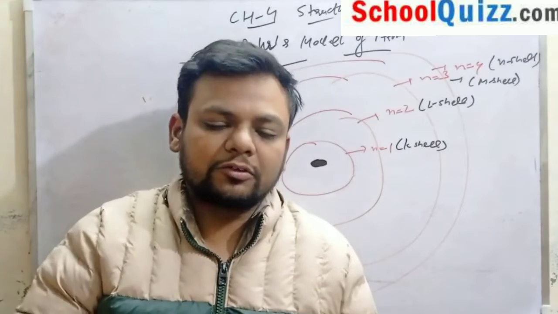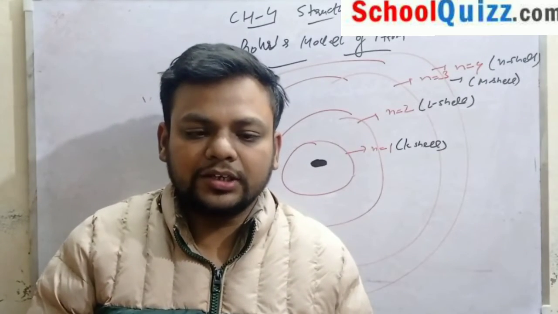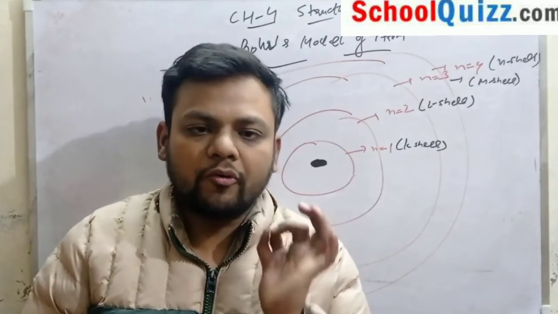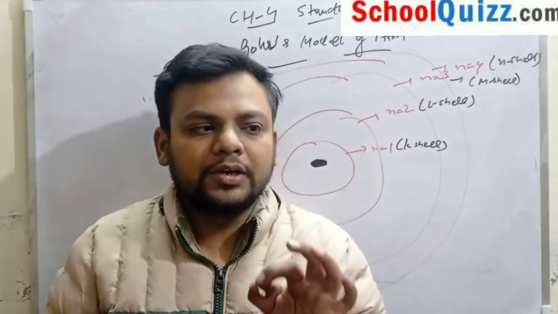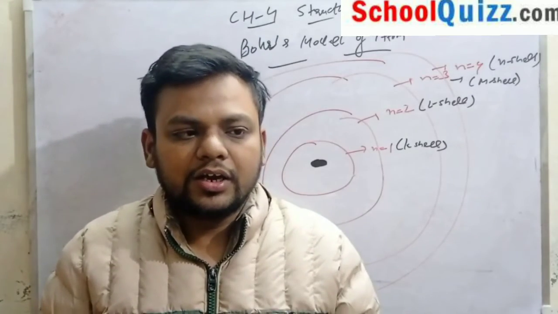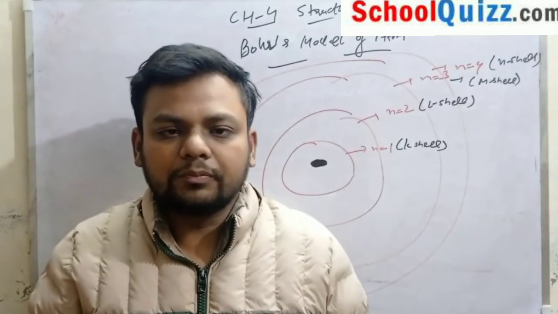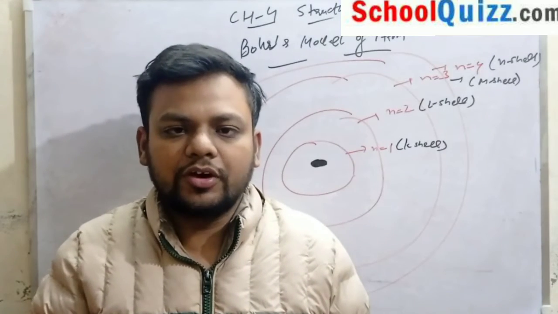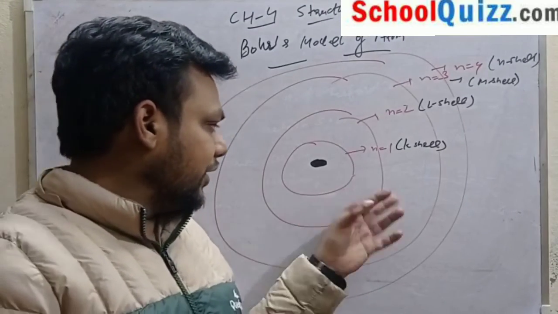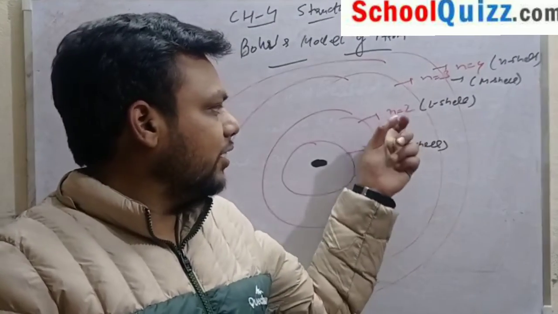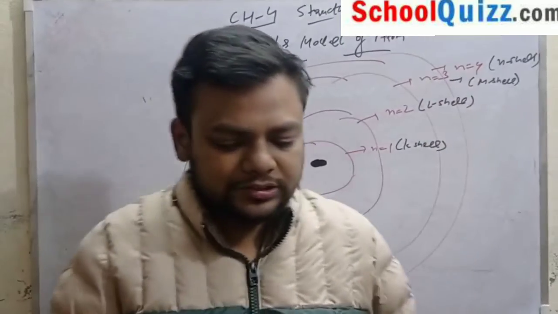It means the electrons will fall into the nucleus, which makes the atom unstable. This drawback of the Rutherford model was removed by Bohr's model of an atom. He stated that electrons will revolve in certain discrete orbits where they do not lose energy, and he regarded n equal to 1 as K shell, n equal to 2 as L shell, n equal to 3 as M shell, and n equal to 4 as N shell.